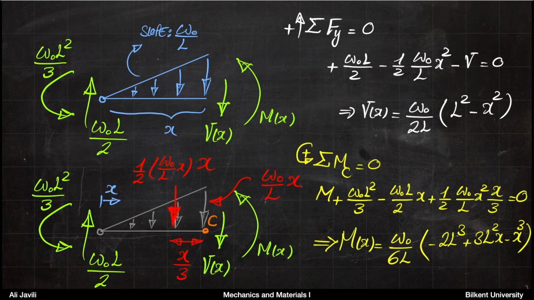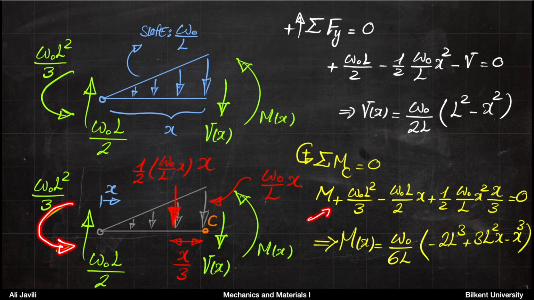Next, we write the balance of moments with respect to point C. Say this is point C, for instance. If you do that, now the moment here is counterclockwise, assuming that counterclockwise is plus. So you would have plus m, the moment at the support is also counterclockwise.